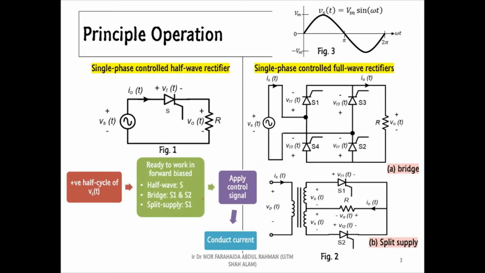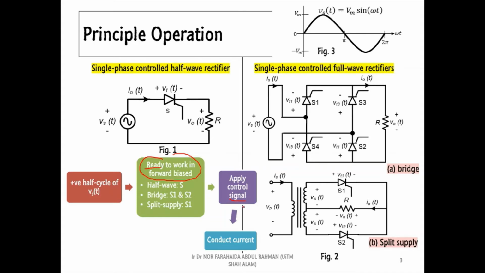As you can see in the flowchart, the thyristors are not working in the forward bias even though the anode terminals are positive. Instead, the thyristors are ready to work in forward bias with the presence of a control signal.